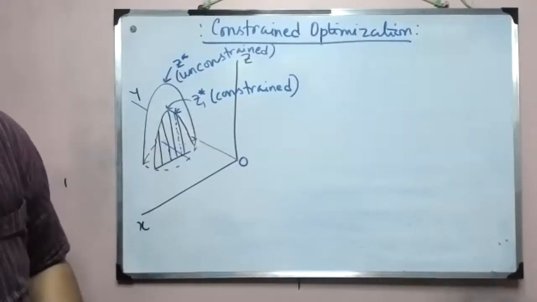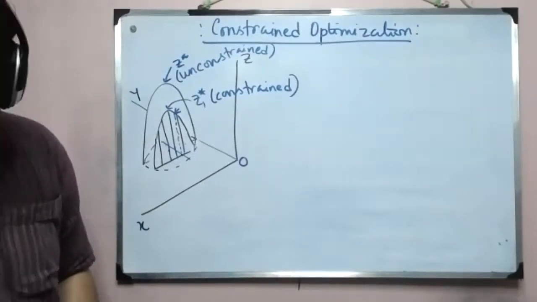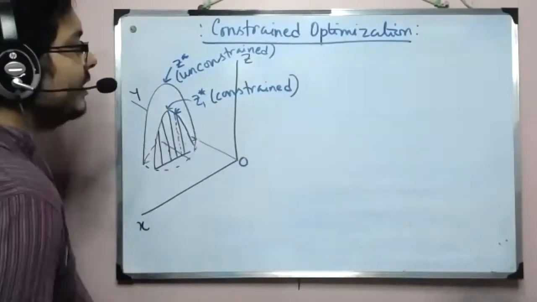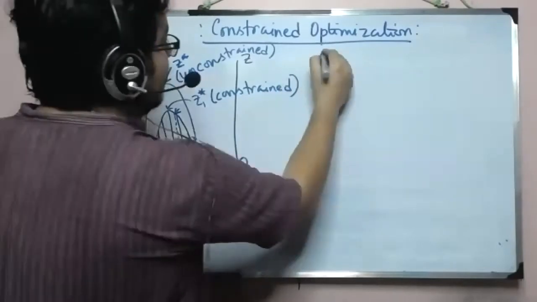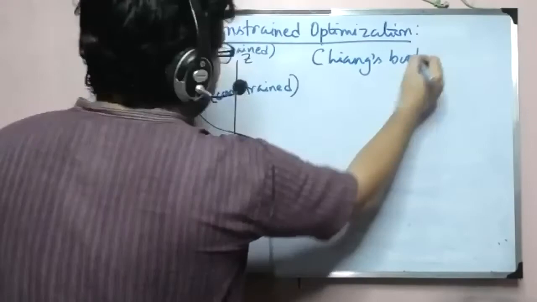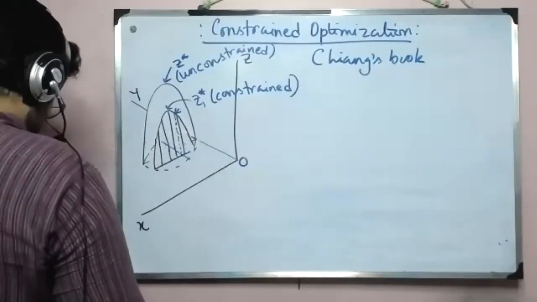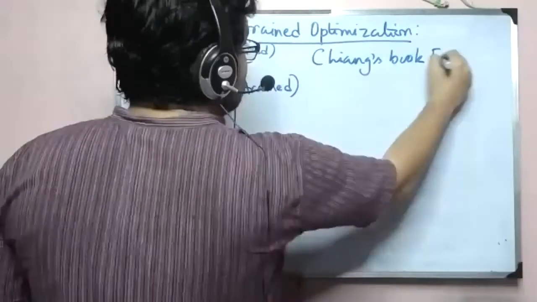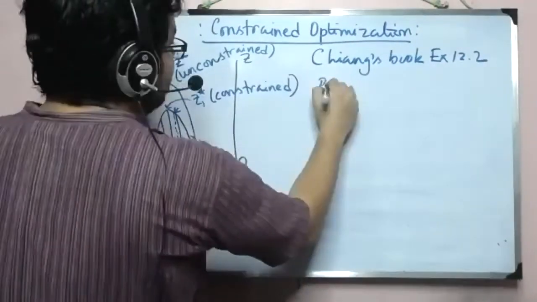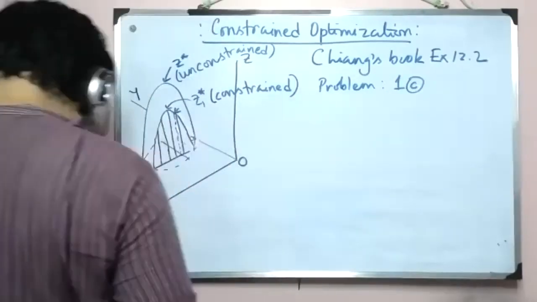We have taken a problem from Chiang's book. At least in the edition I have, it is exercise 12.2 and the problem number is 1C.